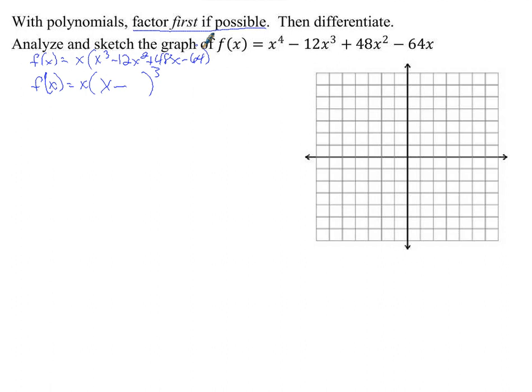This is a perfect cube. 4 to the third is 64. Negative 4 to the third is negative 64. If you were to FOIL and then distribute again, you would wind up with that. It pays to know the factoring properties of perfect cubes. Anyway. So here is our original function now factored.